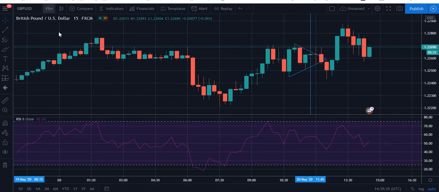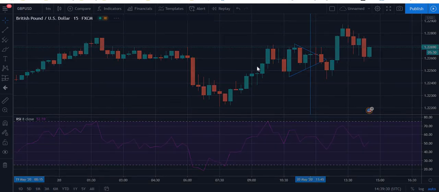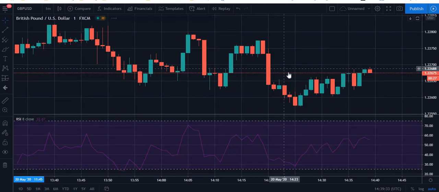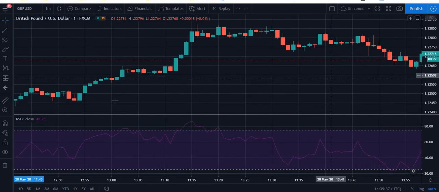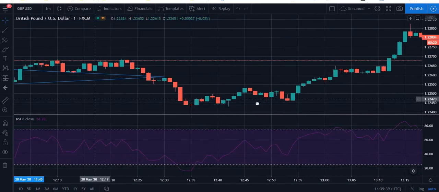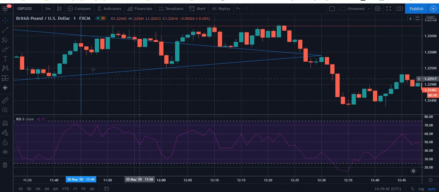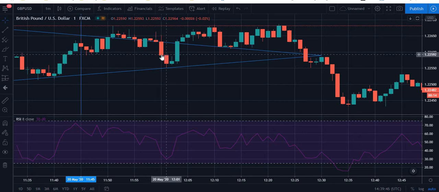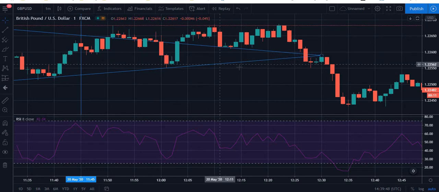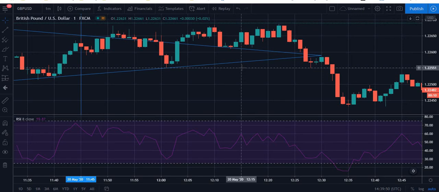One thing that I did though, I went to the 1 minute chart, and this helped me. Let me move it back a little. Here's that 7:45. Here's the wedge. Here's the 8 o'clock, 8:15.